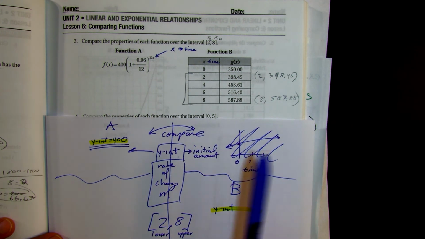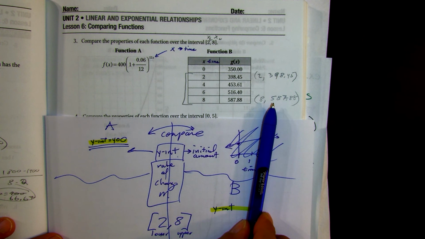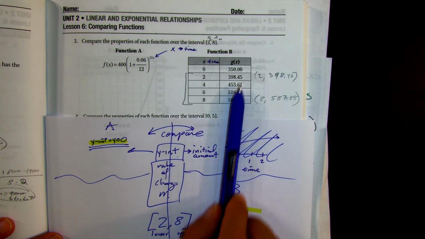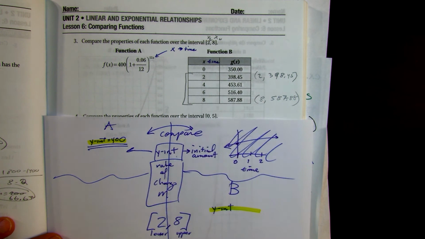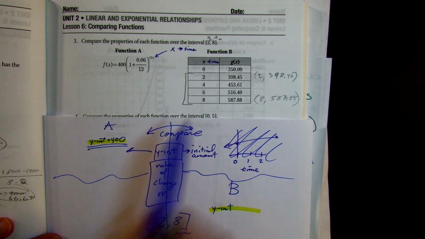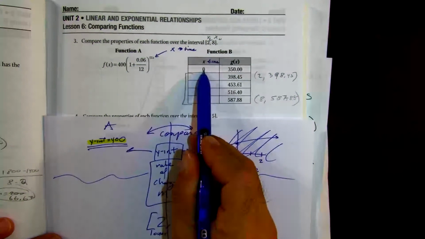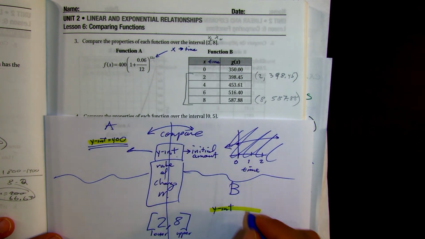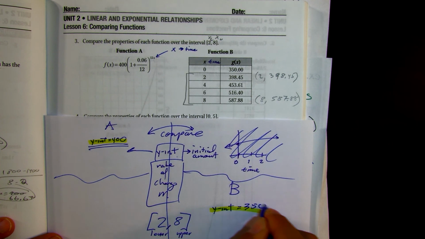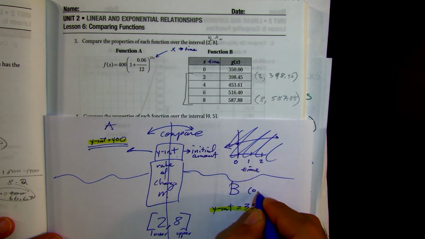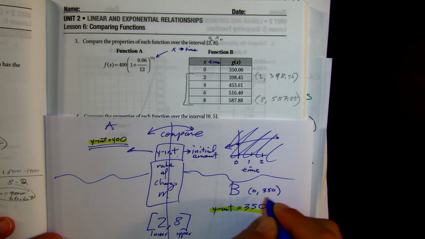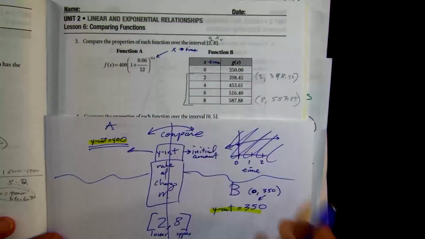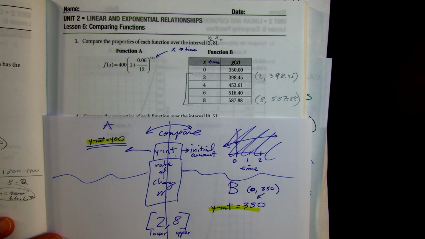When time is 0, that is your y-intercept. So I look up here and I see that function B has an x value of 0, the y value is 350. So what I know is my y-intercept is 350, because we have this point, 0, 350. That tells me it's a y-intercept because 0 for x is on the y-axis.